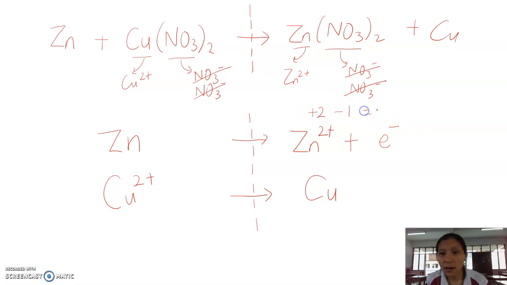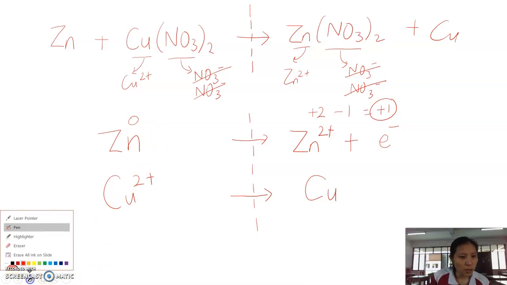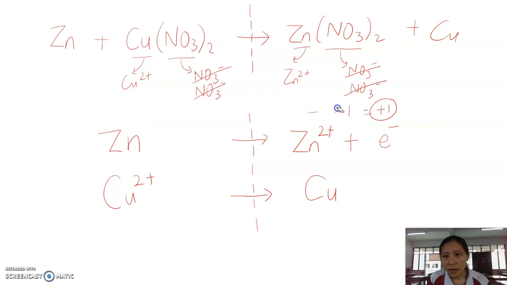I still have a positive 1 charge on the right side of the arrow, but on the left side of the arrow there is 0 charge. So it's still wrong. We have to erase all these and try again.